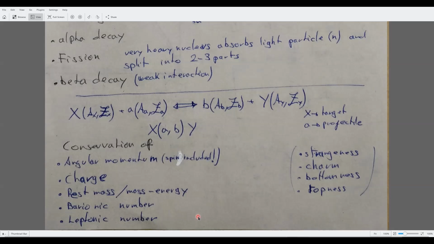That means, for example, if you have pair production, a photon that produces a pair of particles, we have one particle and one antiparticle, so 1, -1, 0, and the number is conserved.